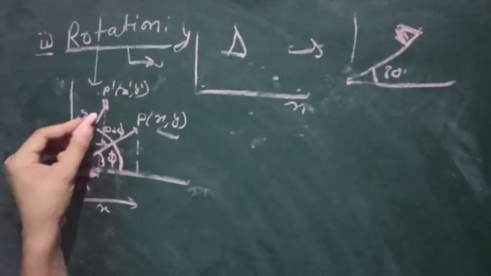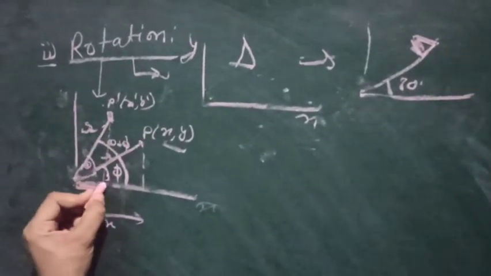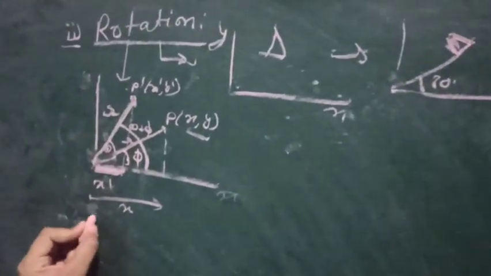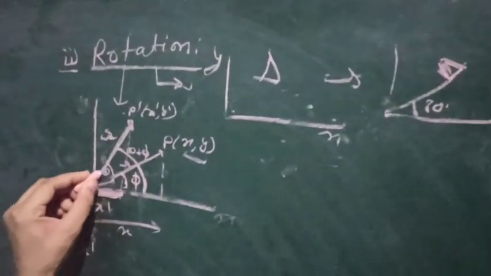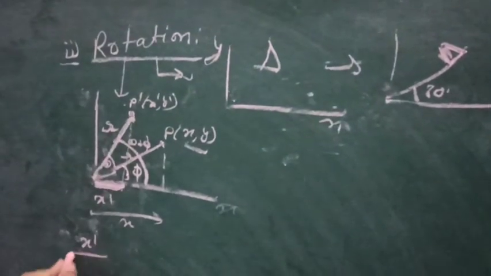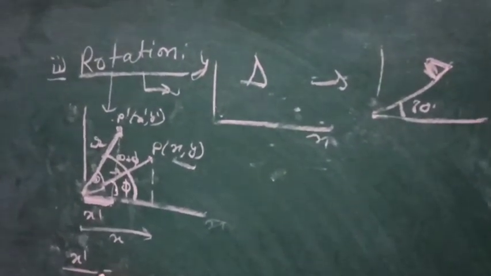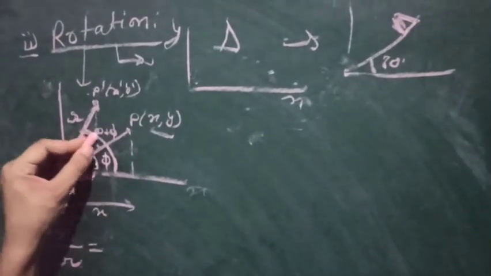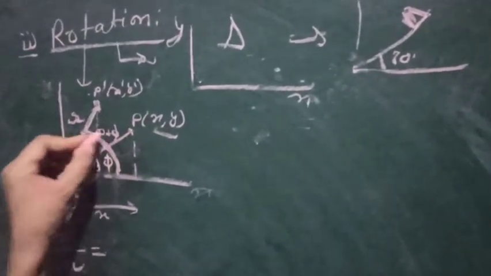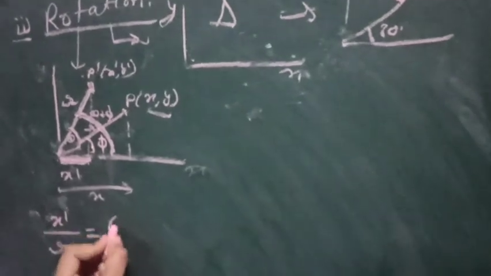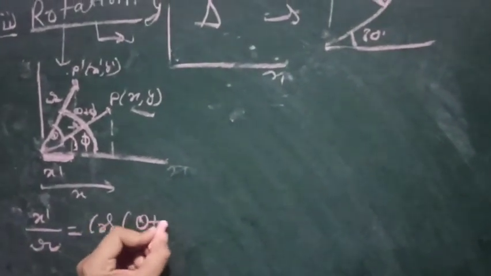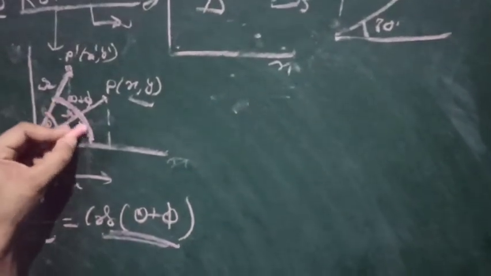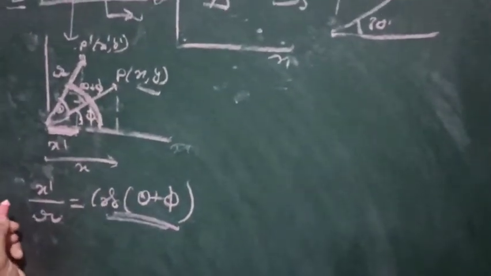As we know, base upon hypotenuse means x dash divided by r is equal to what? Having the angle theta plus phi, base upon hypotenuse is equal to cos theta plus phi, because here we are making an angle with respect to the origin, that is theta plus phi.